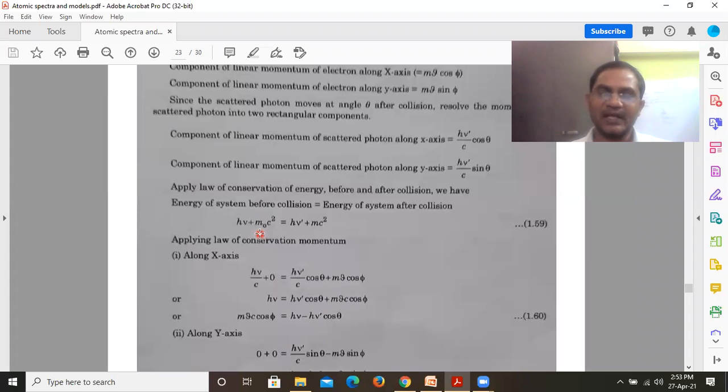Therefore the total energy is h nu plus m naught c square.